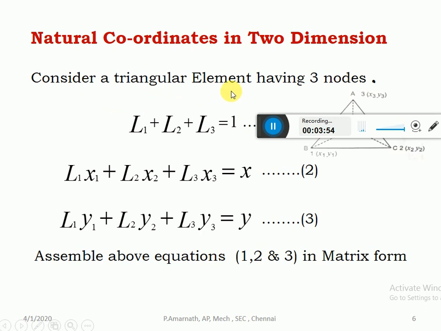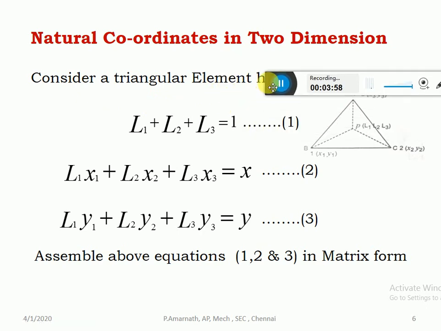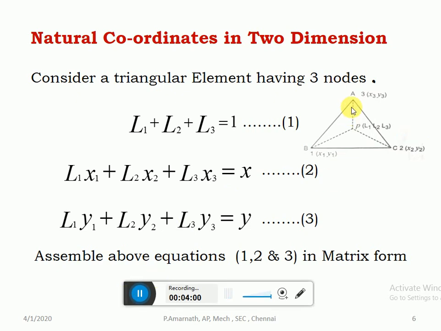Now the natural coordinate system in a 2 dimensional element. Here we consider a three noded triangular element A, B, C, having 3 nodes, where L1 plus L2 plus L3 equals 1. That is the natural coordinate system, where the sum at any point is unity.